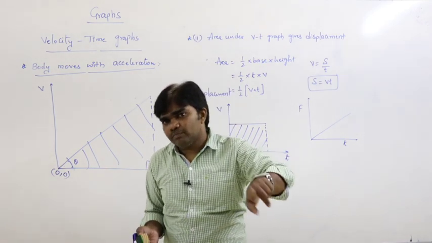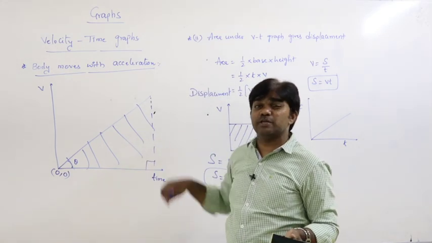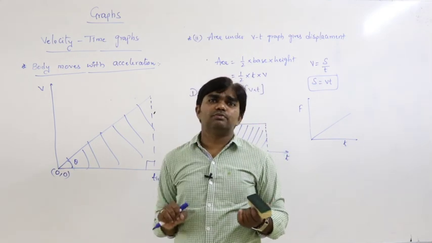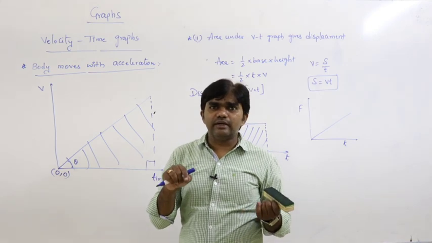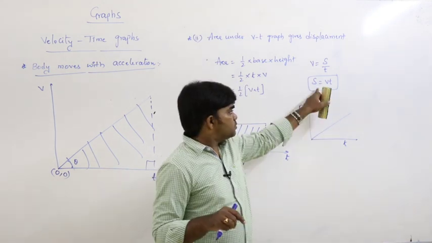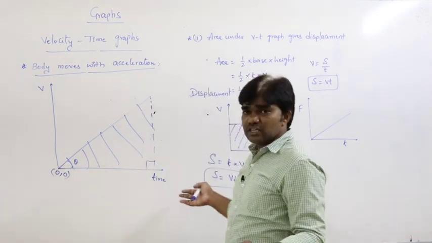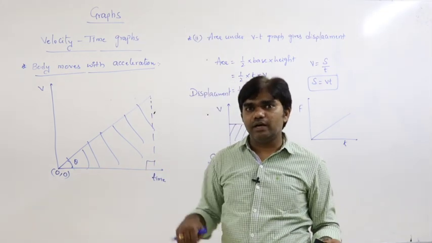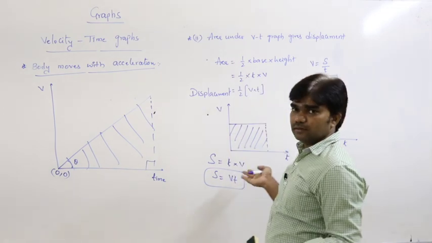That's why it is not possible to find the area under the displacement time graph, and we calculated only the slope. In the same way, in the velocity time graph, velocity into time exists and velocity divided by time exists. That's why we calculated slope and area.